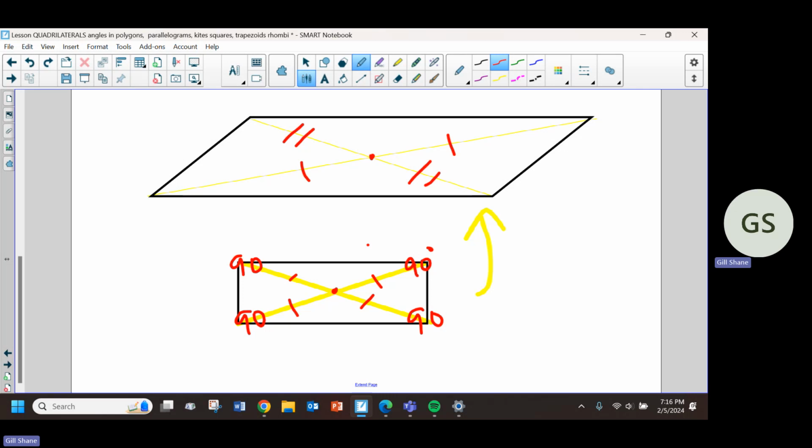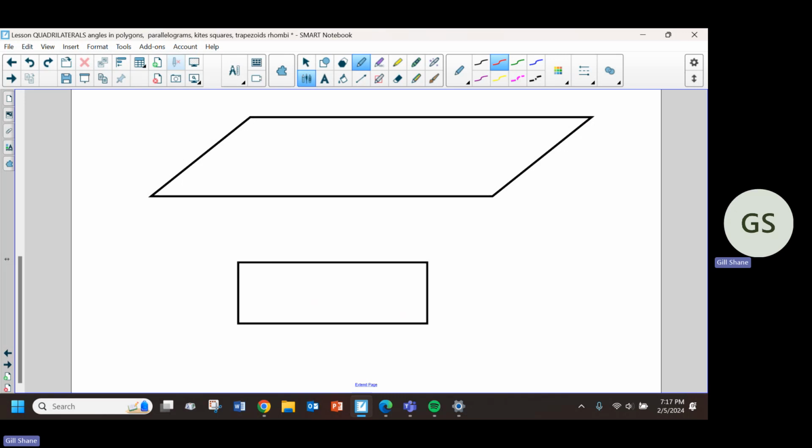What is not true about rectangles is where these angles are 90, those smaller angles, like where I'm splitting the 90 degrees up, those smaller angles are not congruent. Like they're not 45 and 45. One of them is much smaller than the other one. I'm going to get rid of all of that and show you this again.